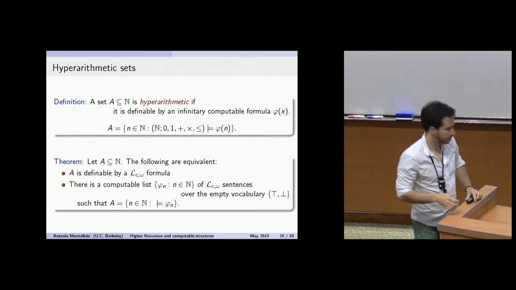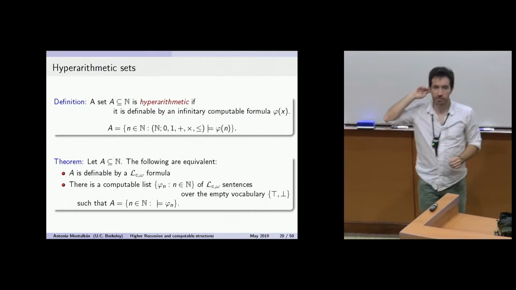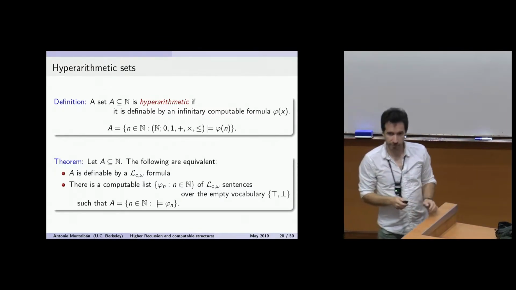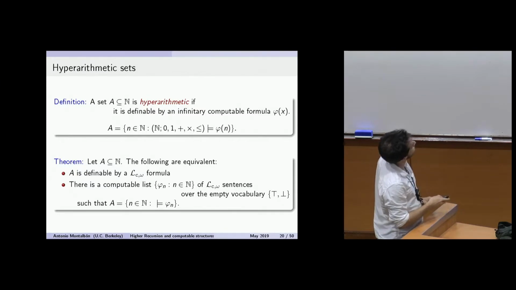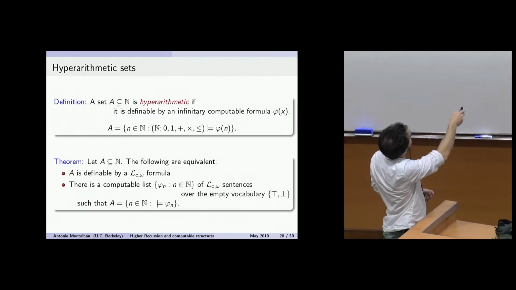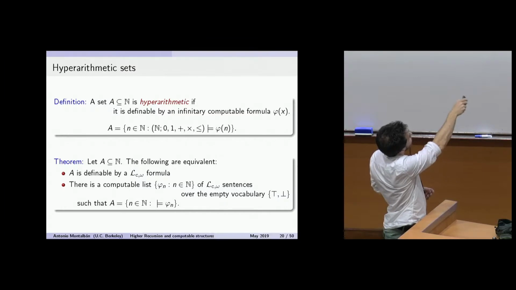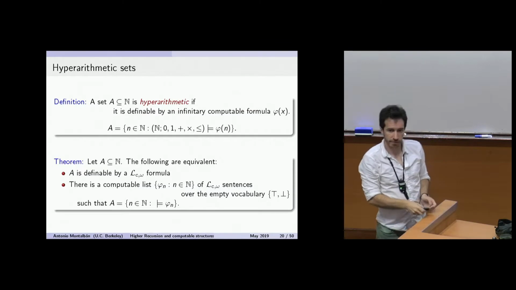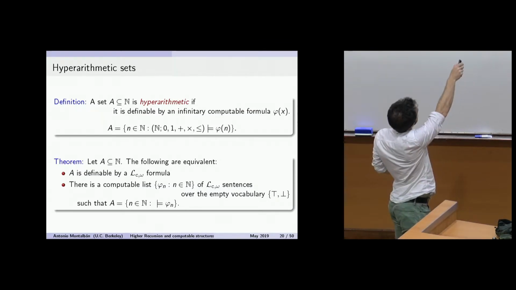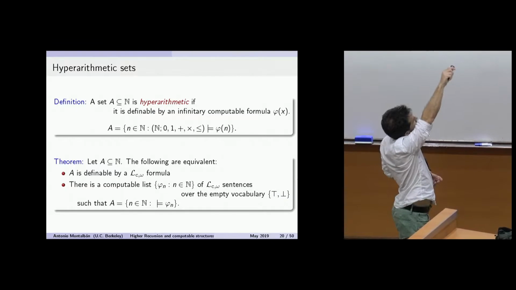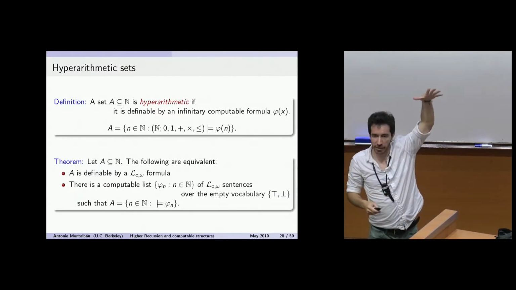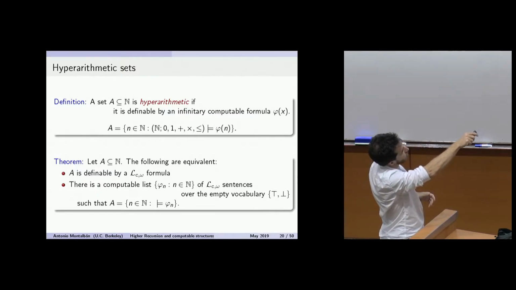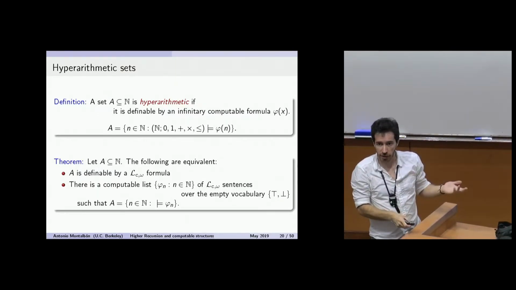They are the computable infinitary formulas, the same as this one, except that this one is in the language of arithmetic, and this one is in the empty language. So the upward direction is the easy one. The hard direction is to transform a formula of arithmetic into one in the empty vocabulary.